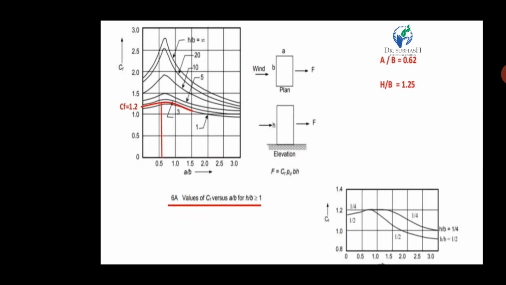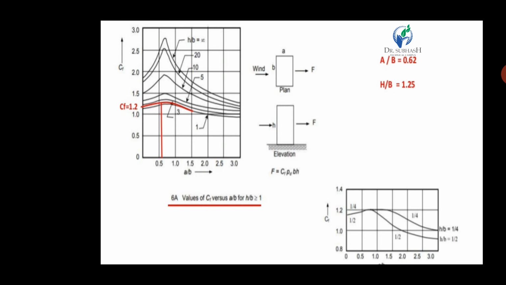In the figure we locate the red line for 0.62, and our CF we have to calculate. Our H by B is 1.25, so it should be below 1 meter on the vertical graph, which you can see as a red portion. Now both H by B and A by B touch in parallel to the vertical side, and the CF value is given.